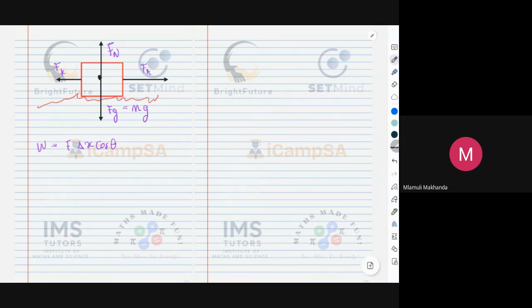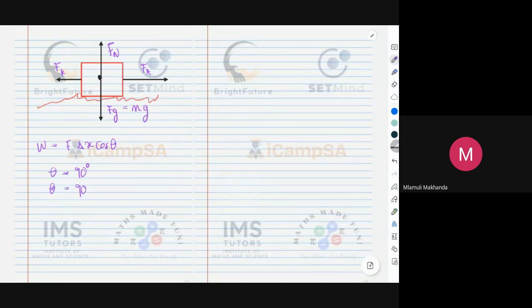Between our surface and this force FA, the angle theta is 0. So we don't have an angle. And also for FK, same thing. But now for Fn, we've got theta equal to 90 degrees. Same thing for Fg, we've got theta equal to 90 degrees.